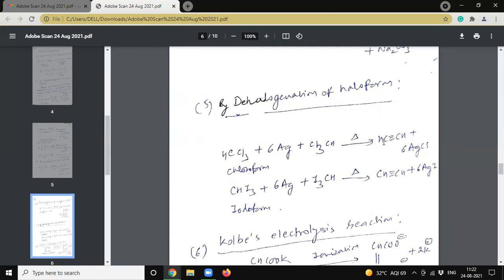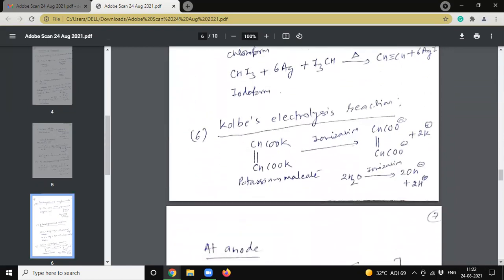Similarly, 2 moles of iodoform, when treated with silver, will give ethyne.